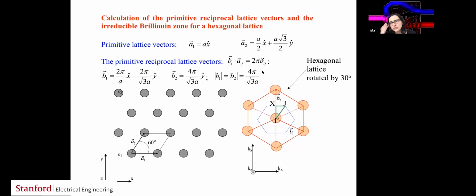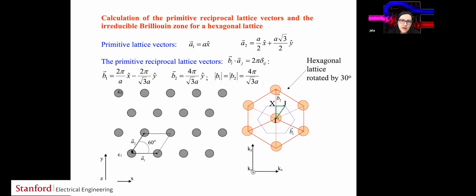And you'll do something similar in your homework as an exercise, right? But it's very easy to show that B1, which is orthogonal to A2, I picked it to go over here. B1 is given here, and B2 is just along the y-axis or ky axis, and it would have the length of 4 pi divided by root 3 a. Okay, you can prove that from trigonometry, right?